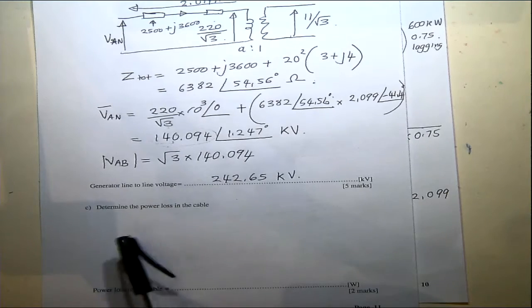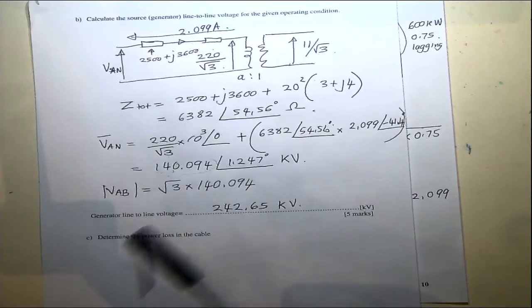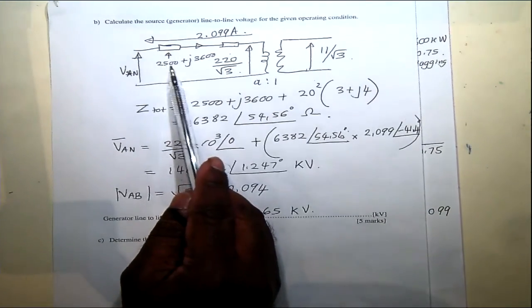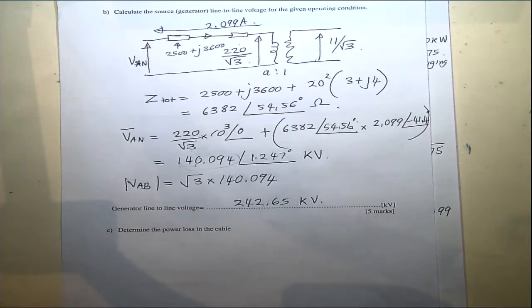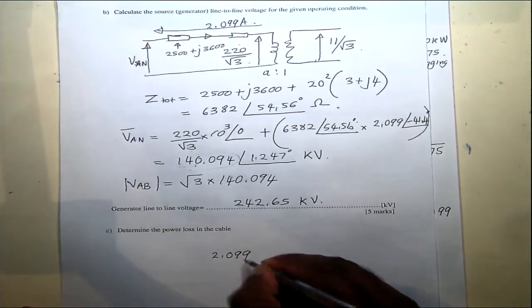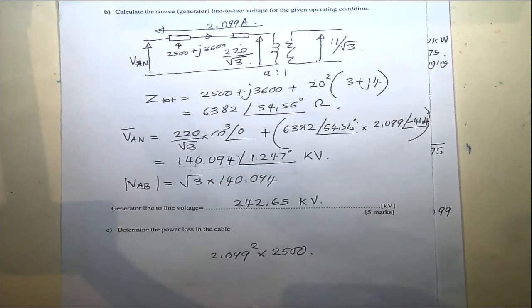And then last part, determine the power loss in the cable. So we have the current on the high voltage side and the high voltage cable resistance. So this is the resistance 2500. So the power loss will be I squared R. So we have 2.099, that's the current, squared, times 2500. This is the power loss in one cable. Since it's a three-phase system, we have three such cables.